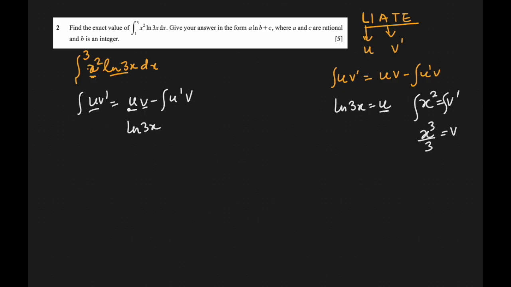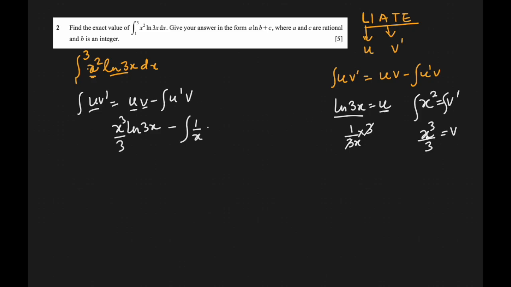So this v will be replaced by x cube over 3, minus, we will have to differentiate u now. What is the differentiation of natural log of 3x? It is 1 over 3x multiplied by the differentiation of 3x, which is 3. So 3 and 3 cancel, 1 over x.